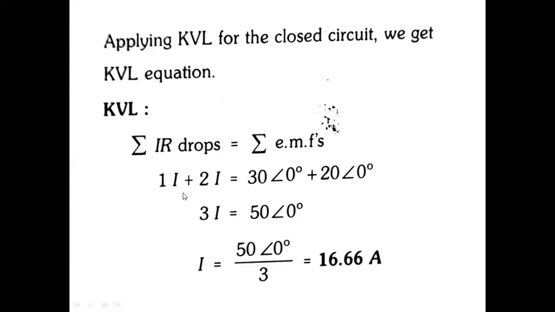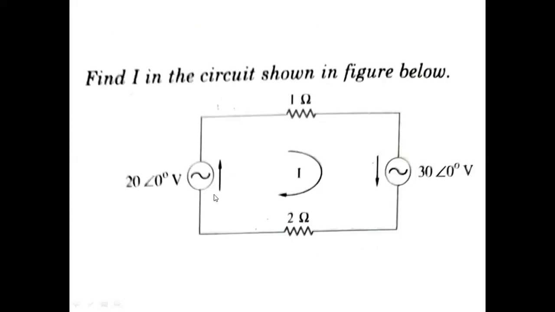Now here, I plus 2I plus 30 plus 20 is equal to 30. No, sorry.